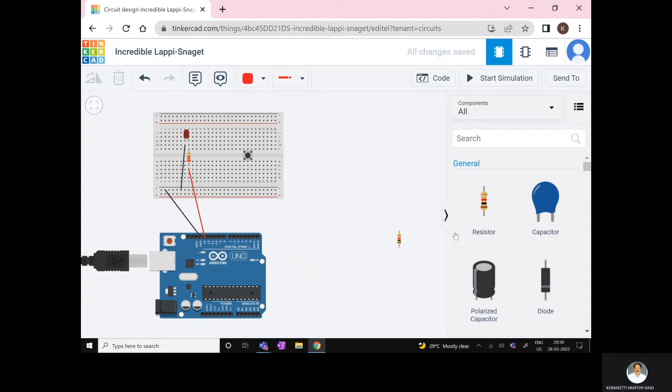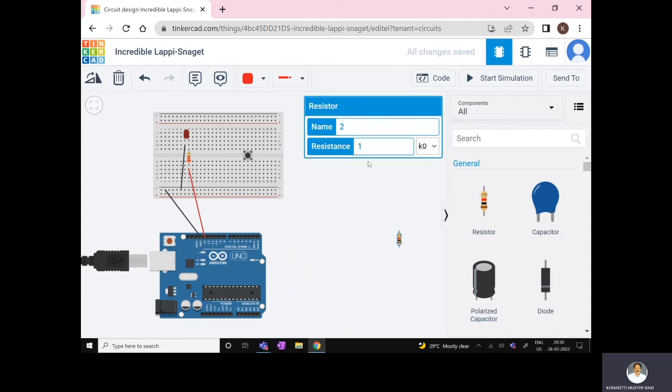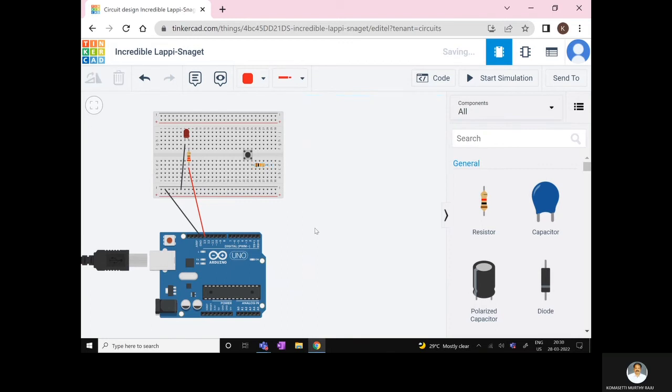Next one, this is the 10 kilo ohm resistance. Here we use the 10 kilo ohm resistance. The 10 kilo ohm resistance is connected to one leg. This is connected to ground.